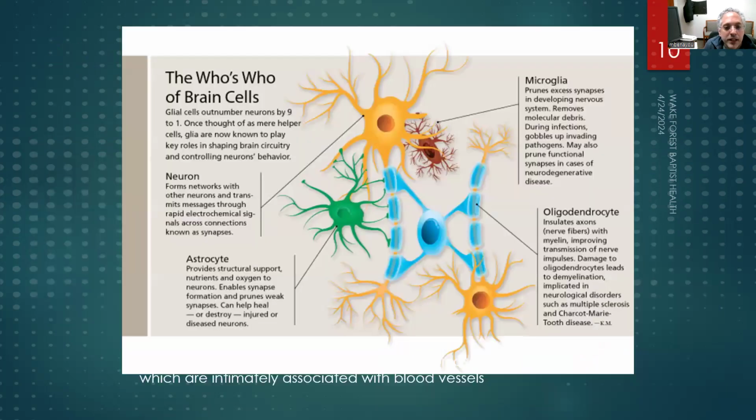For a long time, I think the field of neuroscience really ignored glial cells, despite the fact that they outnumber the neurons, at least 8 or 9 to 1, maybe 10 to 1. We had a great talk on microglia last class.